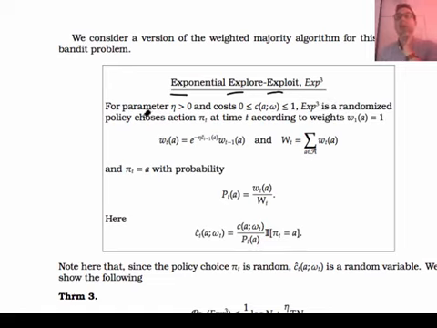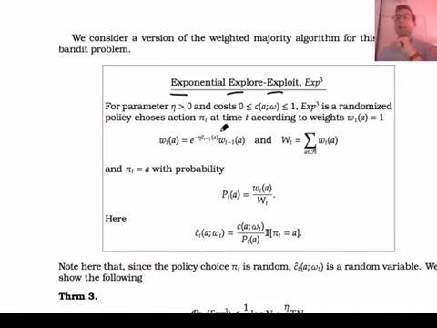Exp3 is a randomized policy which chooses an action according to the previous rule earlier, where we update the weights as e to the eta of the cost from the previous round, but we're not going to work with exactly the cost that was observed because we're not always going to observe the cost.